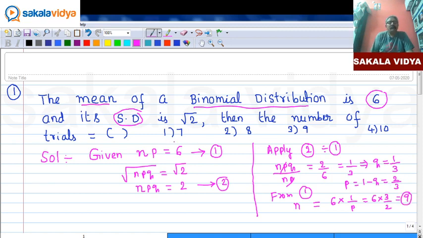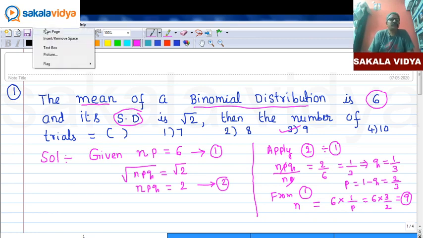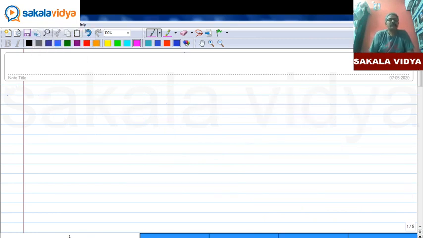So, the third option is the right option. Okay, these type of questions we need to practice more. Now, the second question.